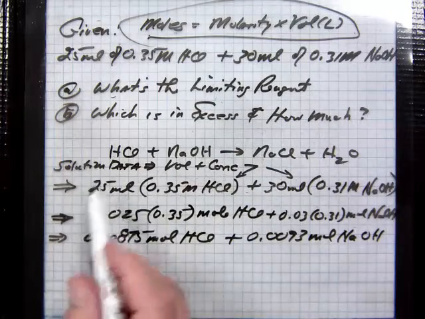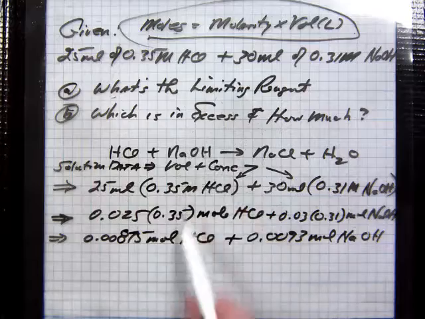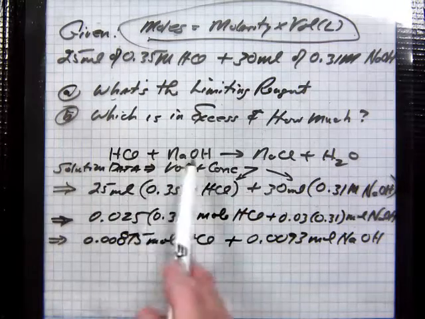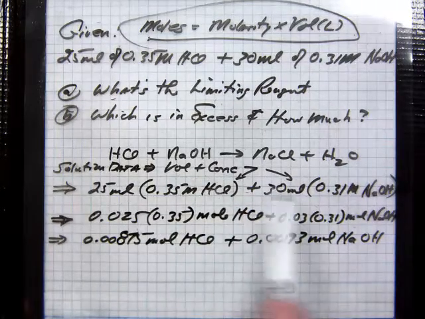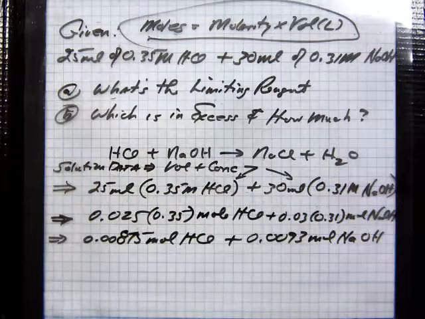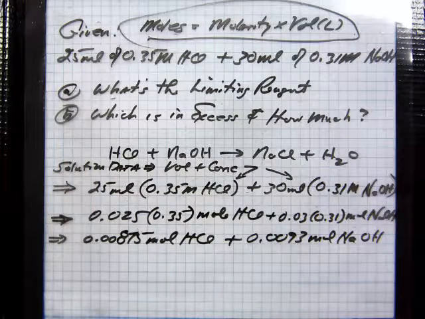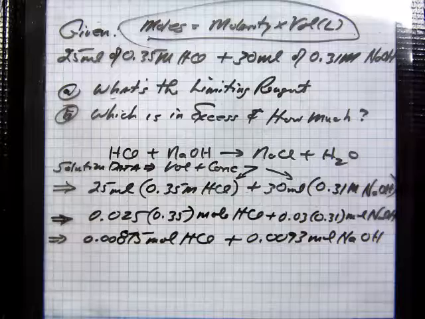So I've taken the basic problem that we're given, set it up against the equation, but I only note the reactant side because the product side is dependent on whatever the limiting reagent is anyway. There's no point writing it down right now.